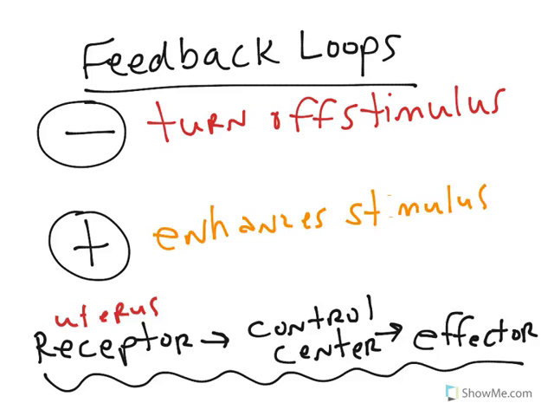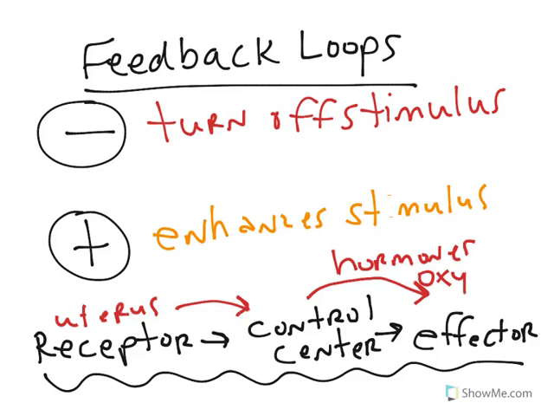It communicates with the control center, which is the brain, to create more hormone for contractions, a hormone called oxytocin, that's going to tell the cervix to dilate.